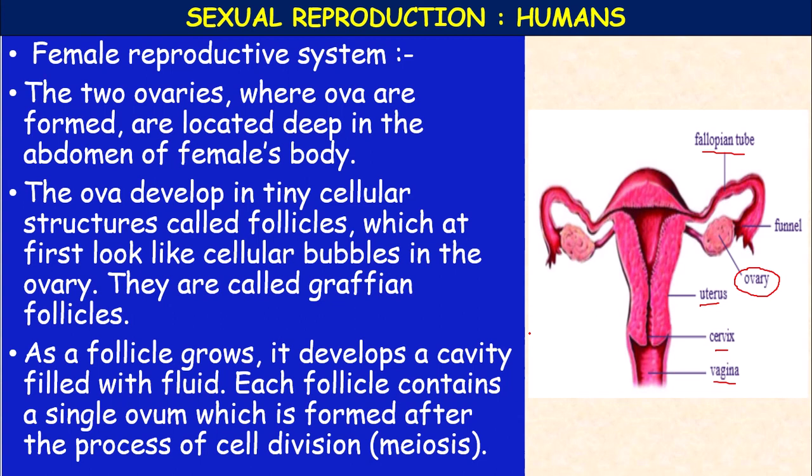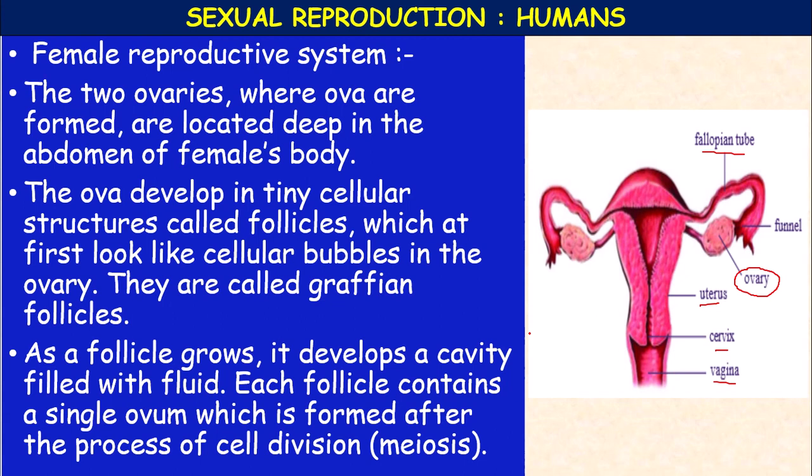The secondary oocyte is haploid. It is also haploid. The secondary oocyte again divides by mitosis into an ootid, that is again haploid, and the second polar body. The ootid develops into an ovum.